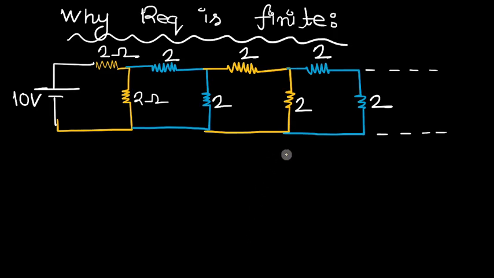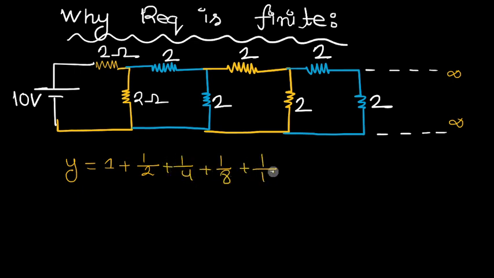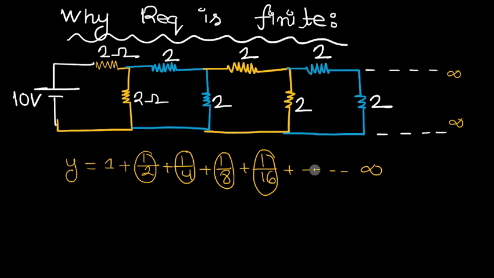So now we will study why R equivalent is finite though we have infinite resistors in our circuit. If you study an infinite series, let's say 1 plus 1 by 2 plus 1 by 4 plus 1 by 8 plus 1 by 16, and you sum up to infinity, observe carefully that half is smaller than 1, 1 by 4 is again smaller, then 1 by 8, then 1 by 16, then 1 by 32.